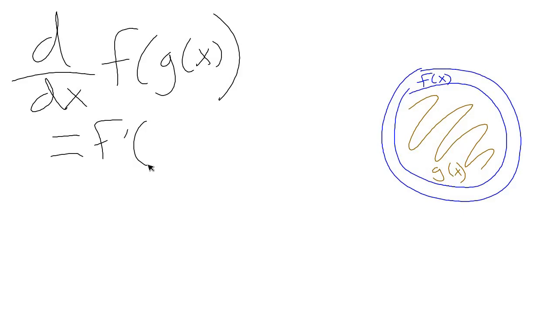But just like our shell, as it melts, our inside does not get changed. So the stuff on the inside doesn't change at first. However, when we take a bite, does our inside get affected? Yes. So we then have to multiply by the derivative of the inside stuff.